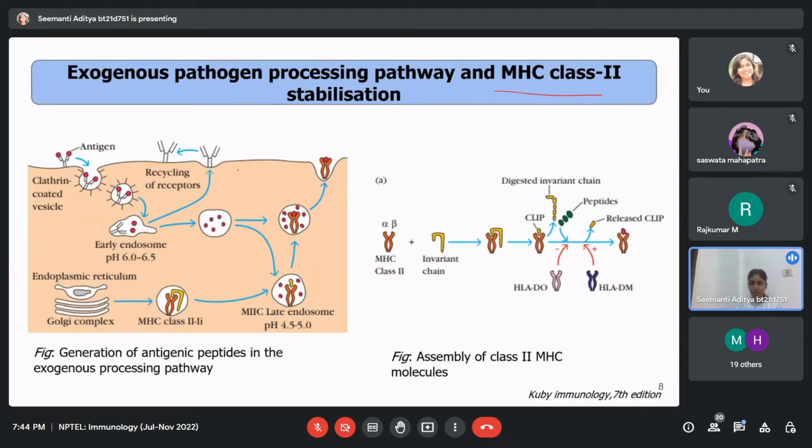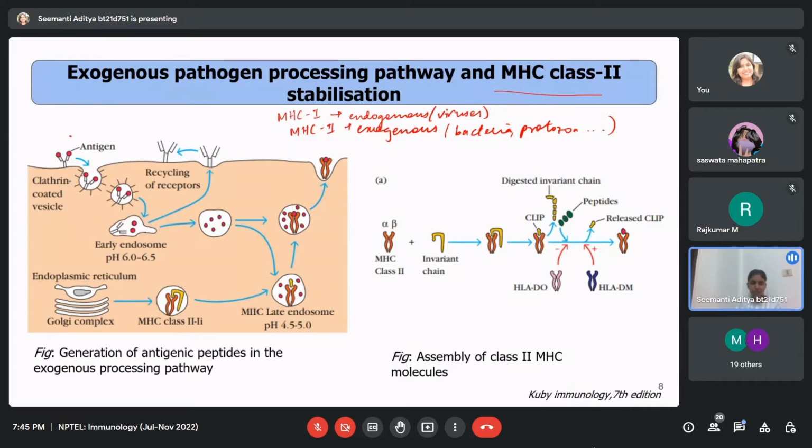So, MHC class 1 mediates the endogenous pathway, which is associated with viruses, and MHC class 2 mediates the exogenous pathway, which is associated with bacteria, protozoa, fungi, etc. In the exogenous pathway, the antigen is present outside of your cell and not inside.